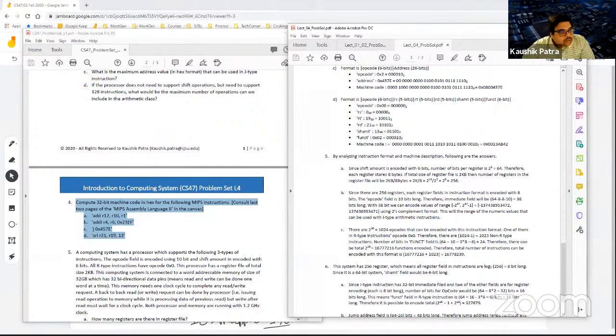SRL, shift right logical. So for this one, why don't I just open up the worksheet?